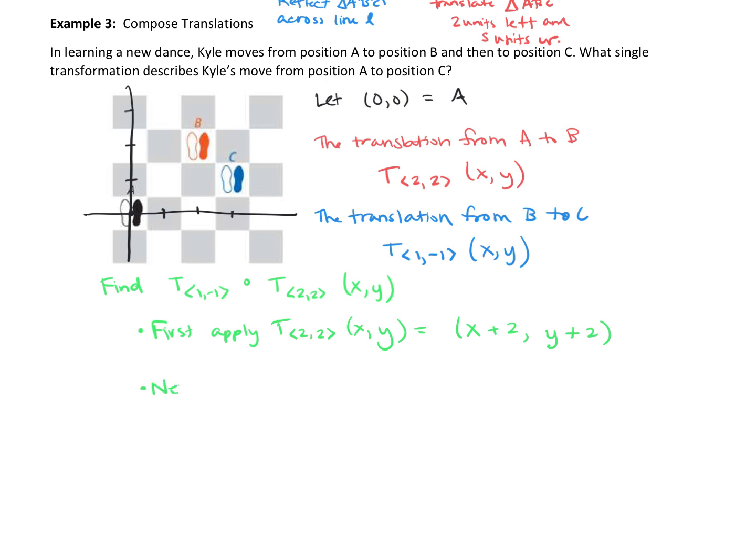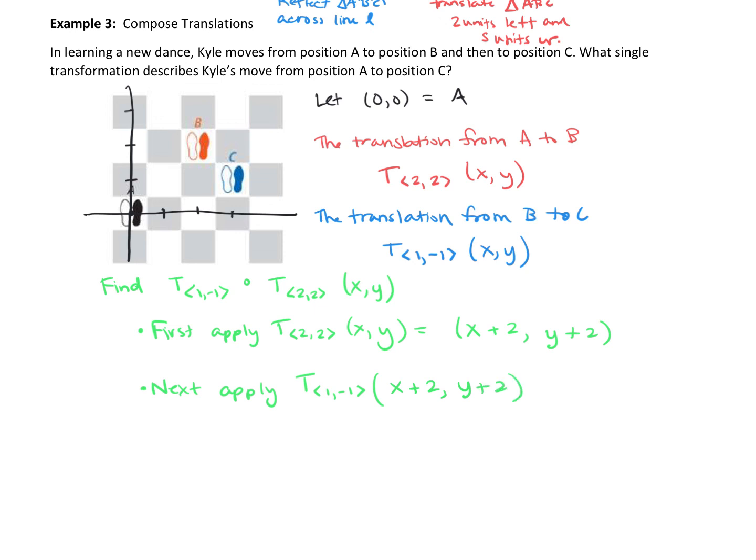Next, we're going to apply the translation 1, -1 to what we got from this translation. This is our result of that first translation when we went 2 to the right, 2 up. So it's going to be of our x plus 2, y plus 2.